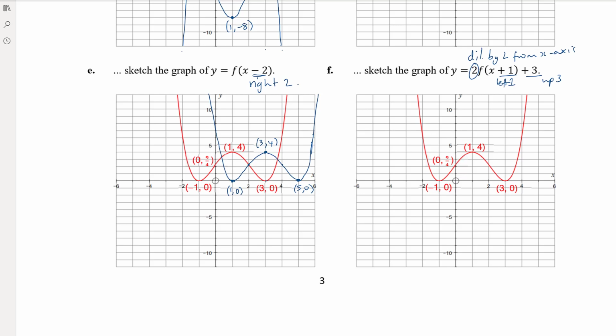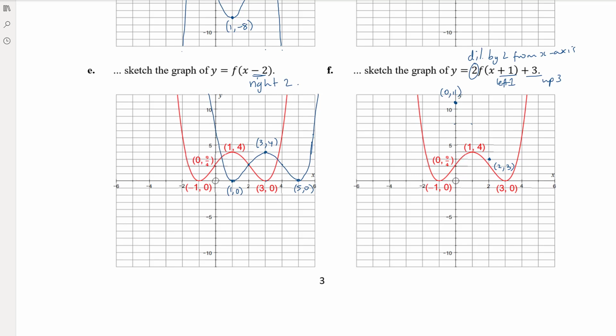So (1, 4) goes to (1, 8). Then we're going to move it to the left by 1, it goes to (0, 8), and then we're going to move it up by 3. It now goes to (0, 11). Okay, do that for each point. Dilate it by 2 from the x-axis, multiplying the y value by 2, doesn't change. Left by 1 and up by 3, it now goes here to (2, 3).